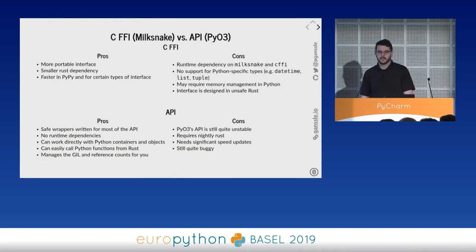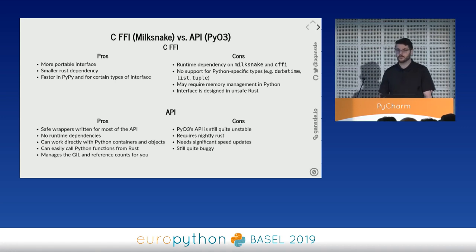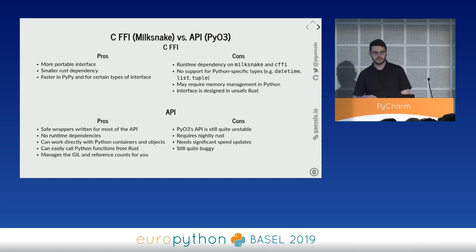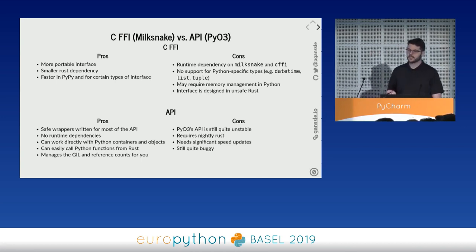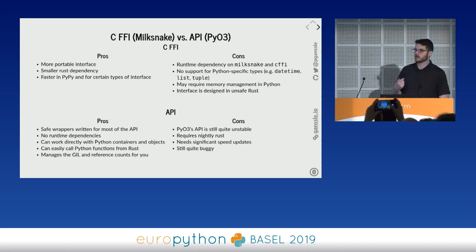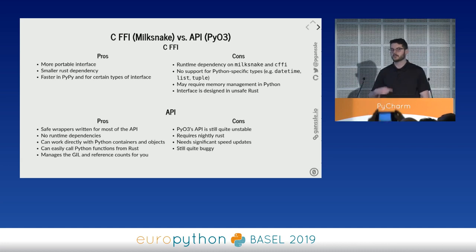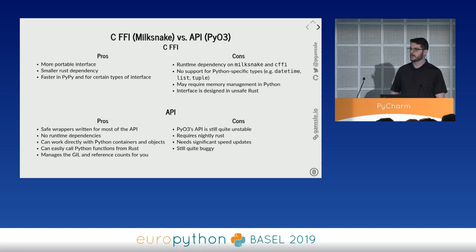So let's say that you do want to use Rust. Between the CFFI approach and the API approach, what are the different downsides and upsides? The CFFI approach, as I mentioned, is more portable. It also has a smaller Rust dependency in the sense that it doesn't have to compile this huge set of safe wrappers for the entire Python library. It just compiles in whatever it needs.